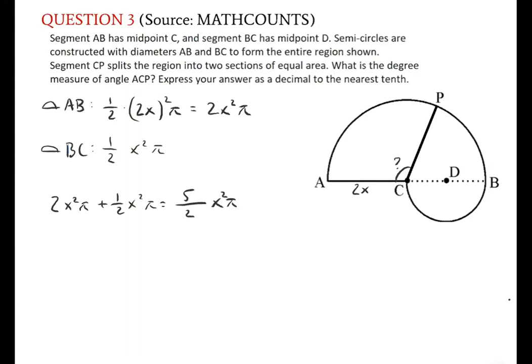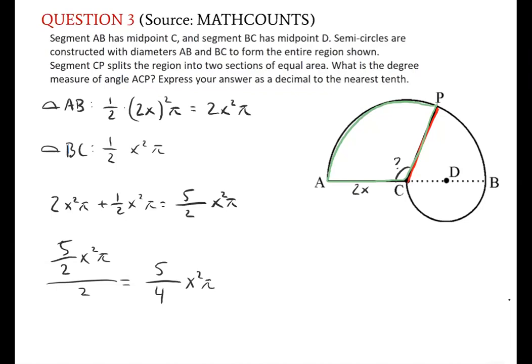And the problem states that the segment CP splits the entire area into two sections of equal area. So that means that this green area will just be 5 over 2 x squared pi divided by 2. And that will give us 5 over 4 x squared pi.